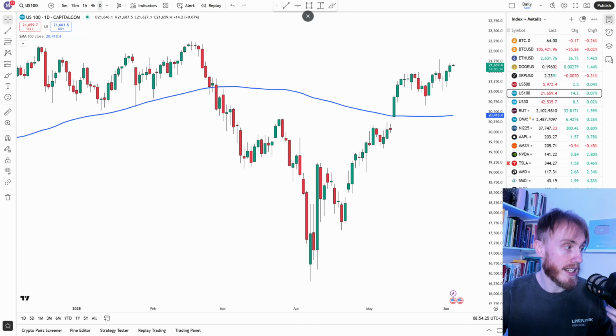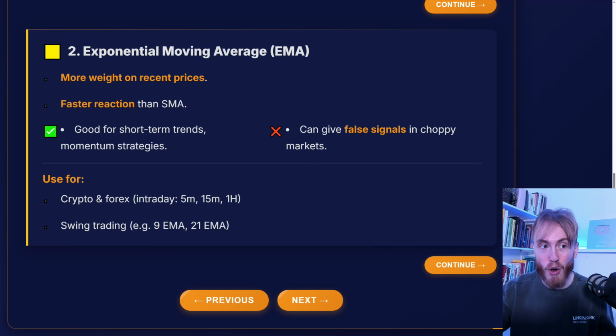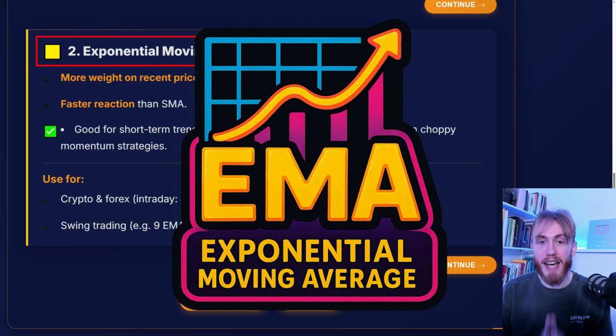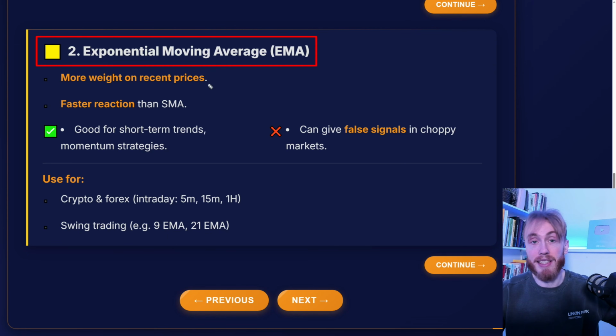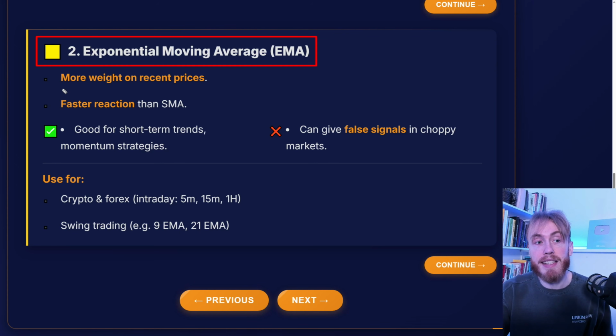The reason it's calculated on days is because, as you can see, we are right now on the Nasdaq daily time frame. But right, guys, so now let's move on to the next moving average, and this is a very popular one amongst traders. This is the exponential moving average. And one of the reasons that this one is more popular than the simple moving average, especially for short-term traders, is that it gives more weight to recent prices.